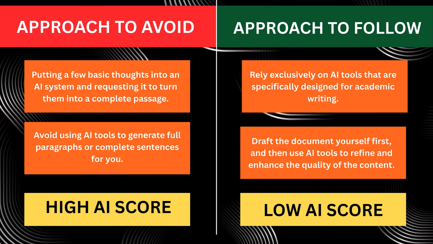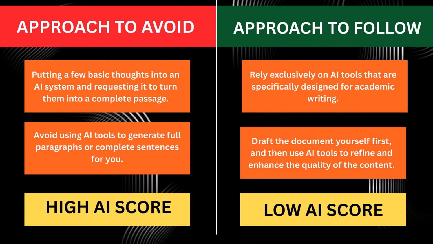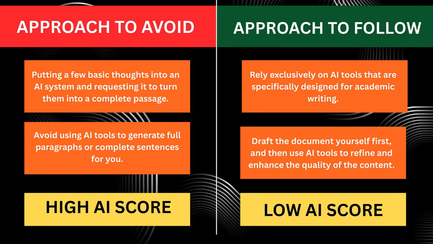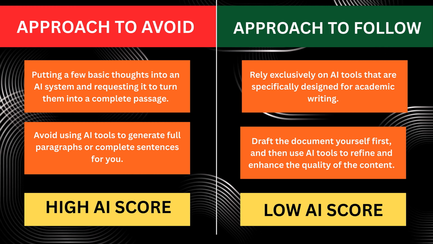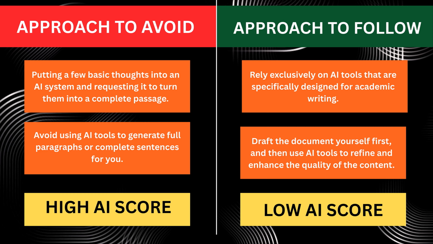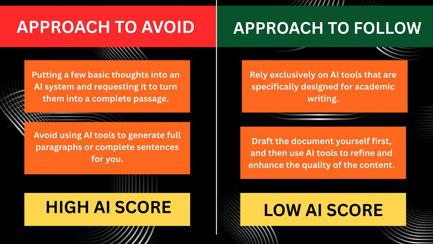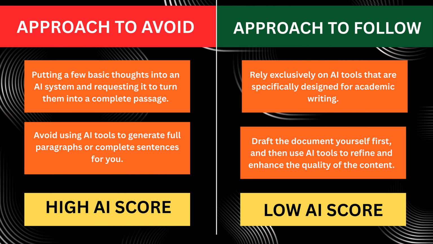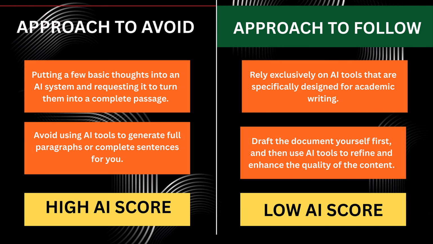AI tools are simply assisting with surface-level improvements like clarity, grammar, and tone. That kind of limited use typically does not produce the strong, uniform patterns that detectors associate with fully AI-generated text. In short, when AI acts as an editor rather than the author, high AI scores become far less likely.